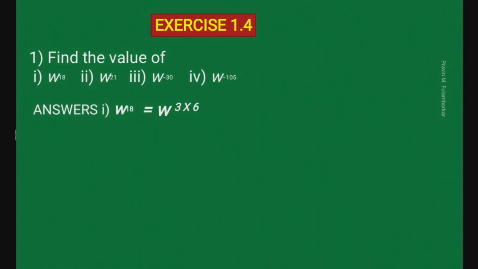We use the formula a raised to the power m, bracket raised to the power n. So I write this as omega cube raised to the power 6, and we know that omega cube is 1. So we replace omega cube by 1, and 1 raised to any power gives 1. So we get omega raised to the power 18 equals 1.